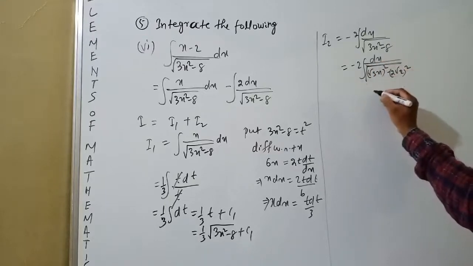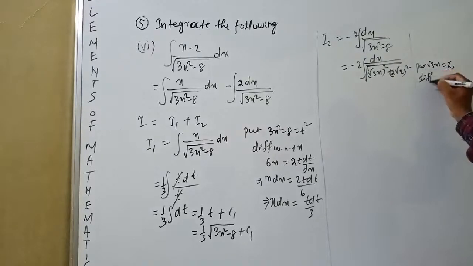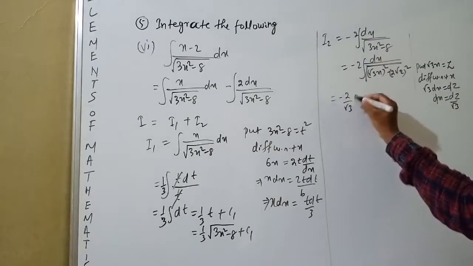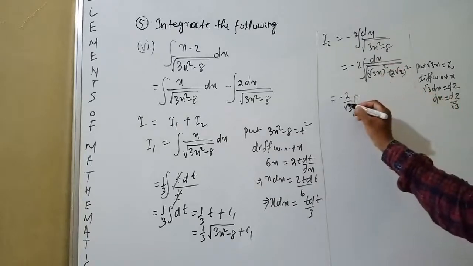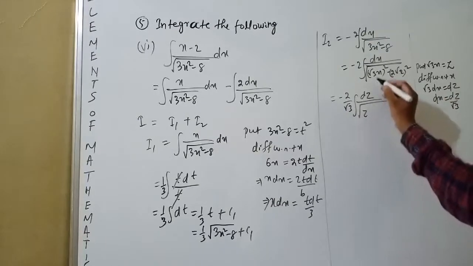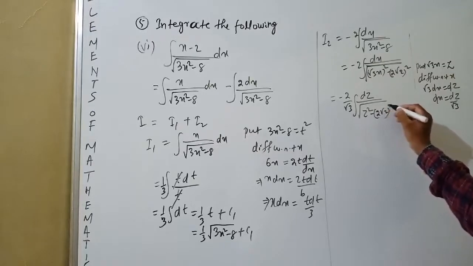Okay, now you put root 3x is equal to z, differentiate with respect to x, root 3 dx is equal to dz, dx is equal to dz by root 3. Okay, so you write minus 2 by root 3. Okay, dx is equal to dz by root 3, here root 3, here dz. Okay, root over root 3x whole square, that is z square minus 2 root 2 whole square.